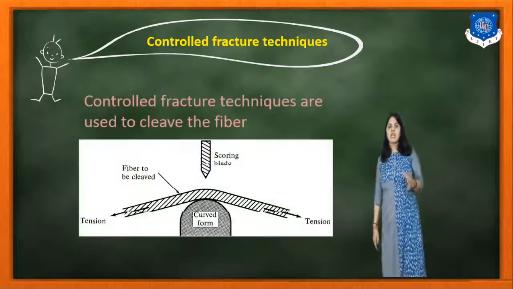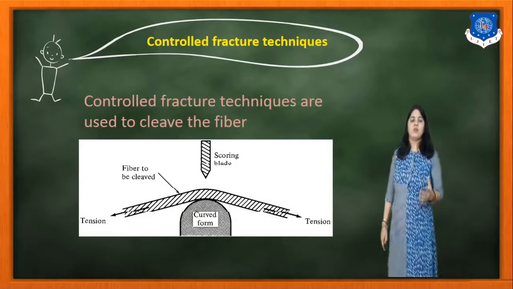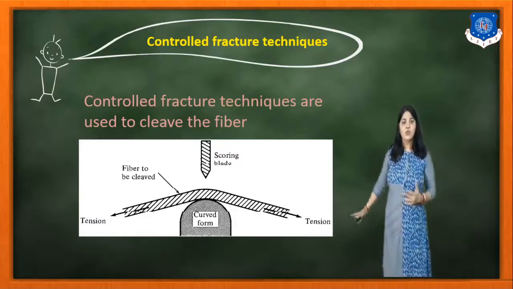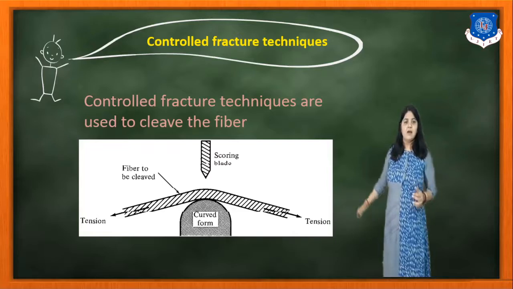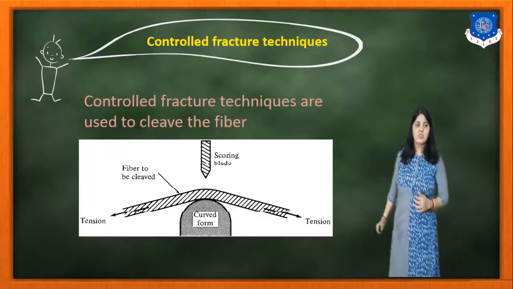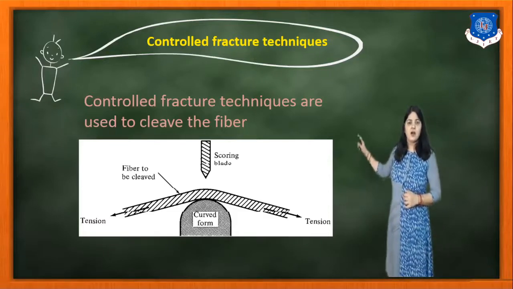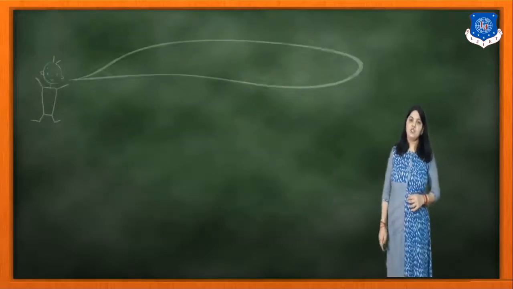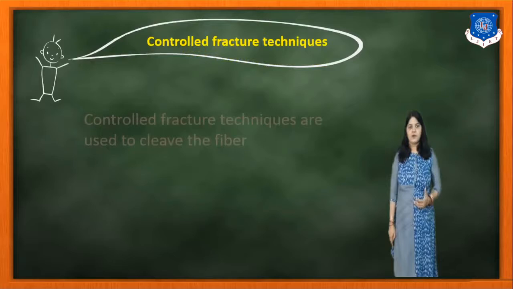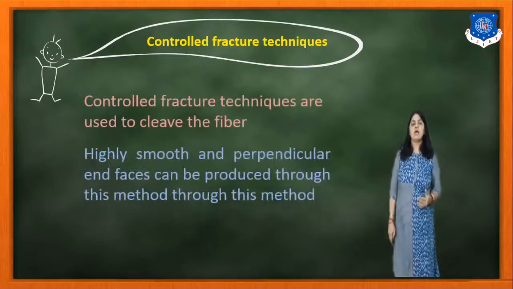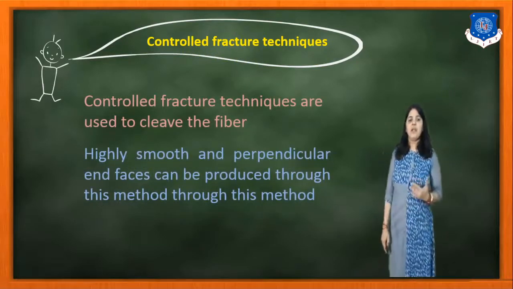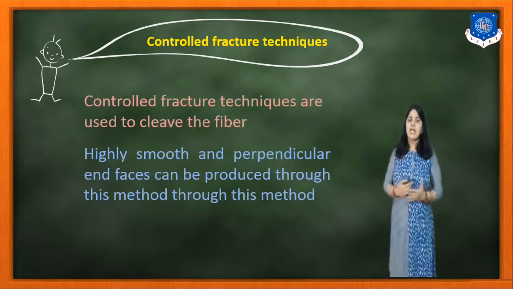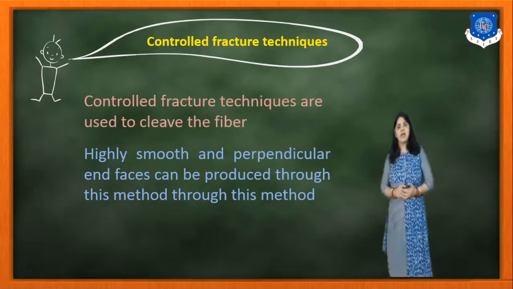This technique is used to cleave the fiber. Here you can see the curved form, the tension that is applied, and in between there is the fiber to be cleaved, and over here the blade that is used. So this technique is used to cleave the fiber. Highly smooth and perpendicular end faces can be produced through this method.